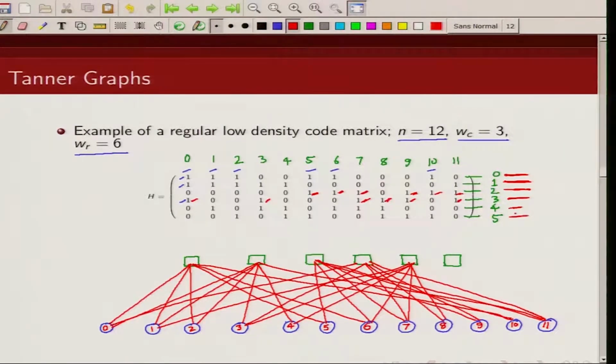And finally, this parity check constraint: bit number 2, bit number 4, bit number 5, bit number 8, bit number 9, bit number 10. So, this is the Tanner graph representation of this low density parity check code.